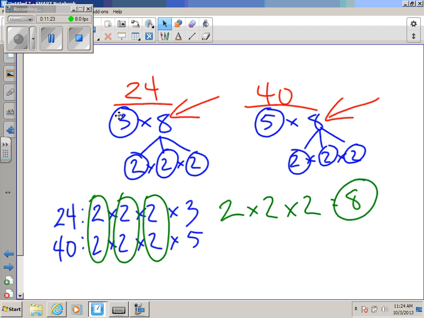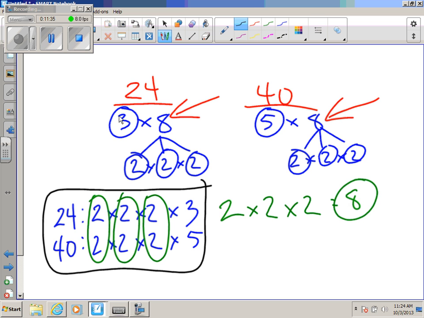Jasmine. I don't know about that. Any sense? Did you get the 2 times 2 times 2? So, what's 2 times 2? 4 times 2. There it is. But does it make sense now?